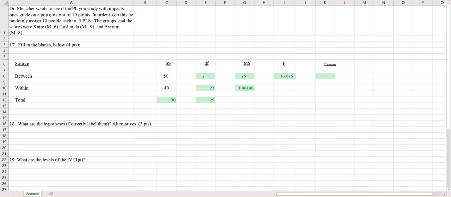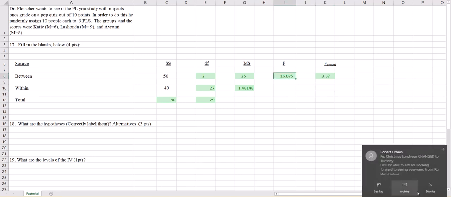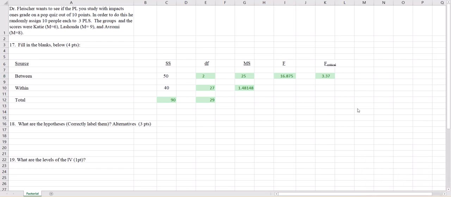We're going to do number 2 because we have 2 right here. We're going to end up with 3.37. Since our obtained is greater than our critical, we are going to make the assumption and reject the null hypothesis.